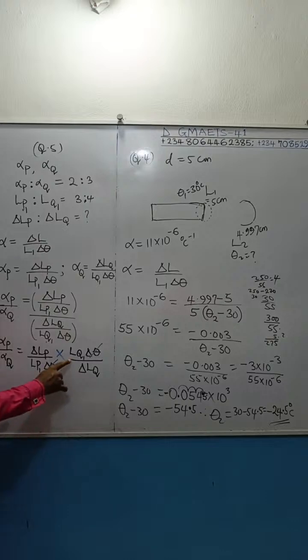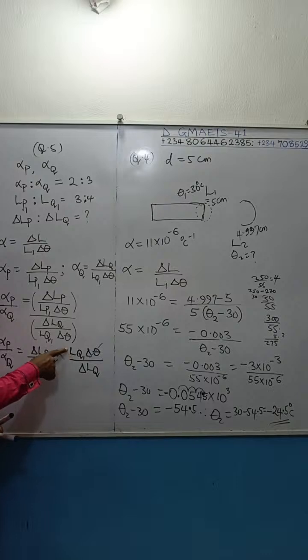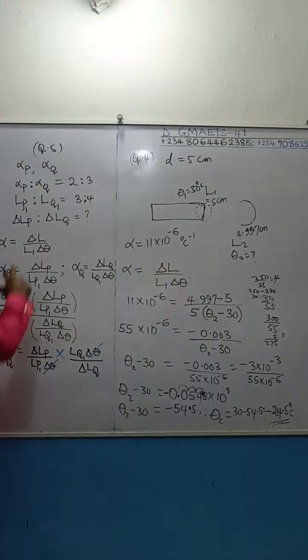Then you now have the increase in length of material P over the increase in length of material Q. You also have this guy, which is the initial length of Q over the initial length of P.